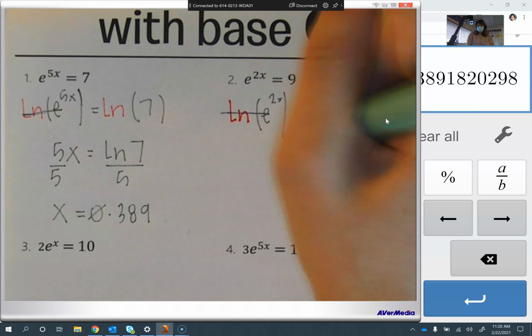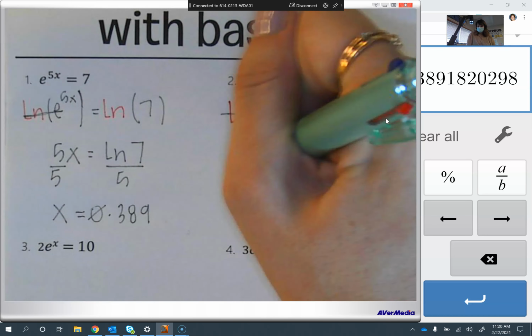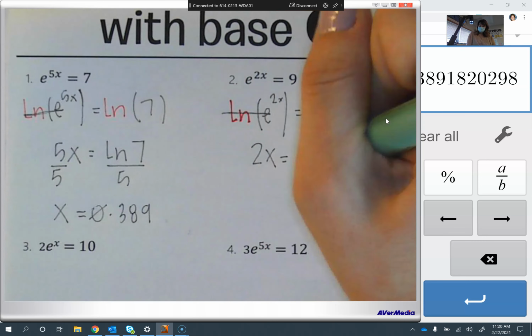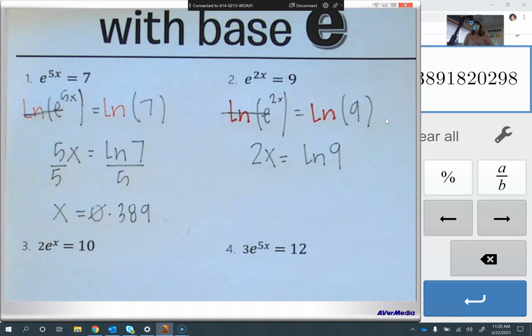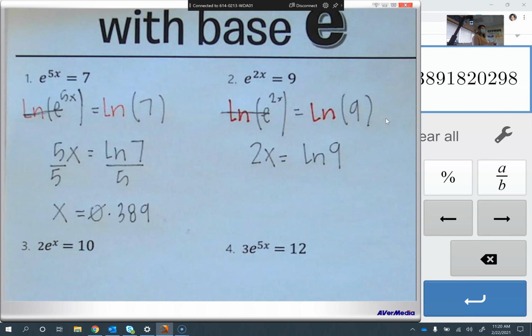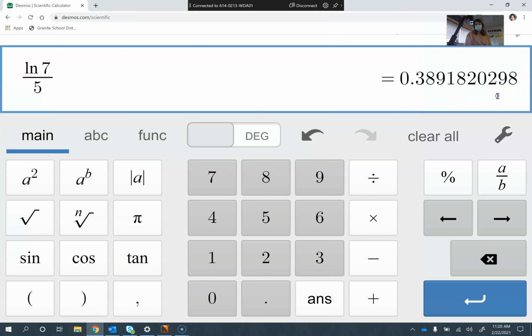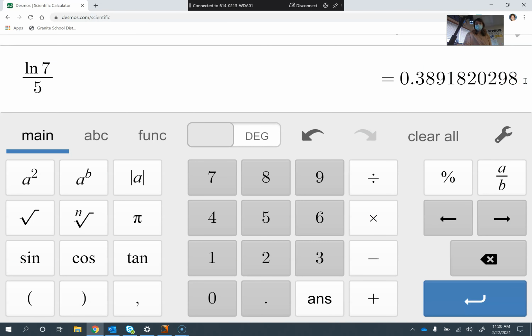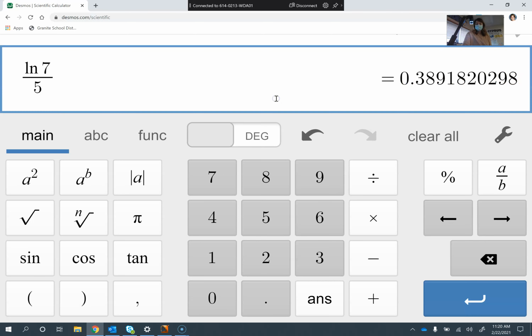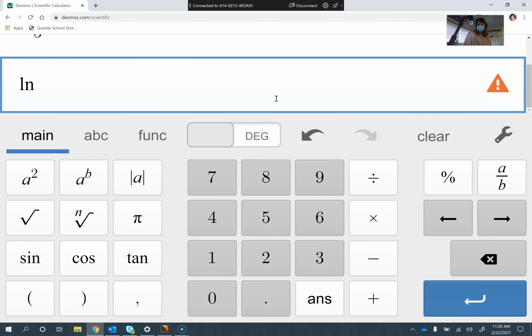So this side goes to 2x. And then the right-hand side, we're just going to leave as natural log 9. And the reason why is because if we come over here and plug that into our calculator, natural log of 9, we get a big old decimal again. And so instead of dealing with that ugly number, we're just going to leave it as the natural log of 9 until the end.